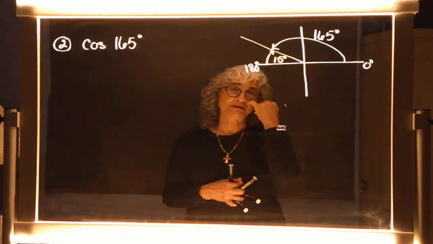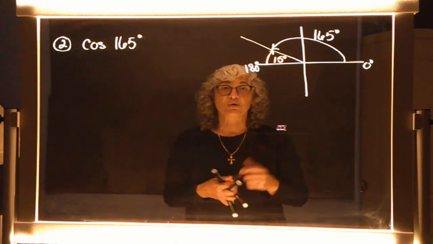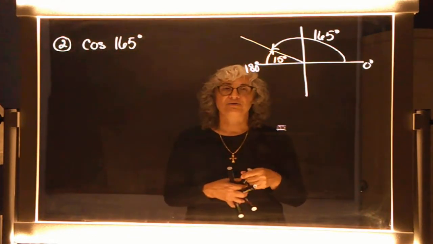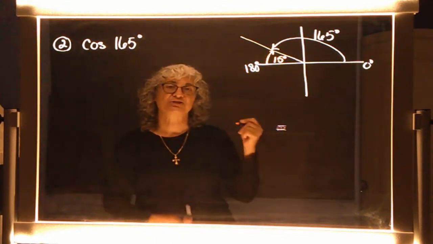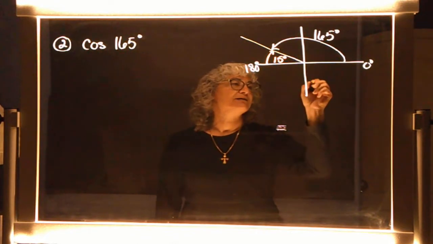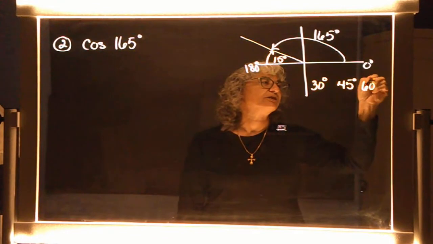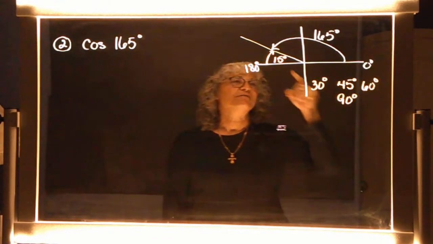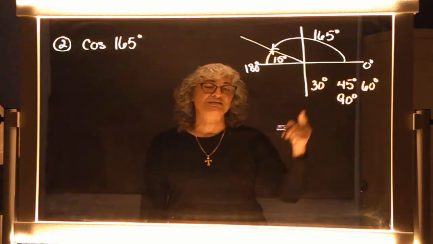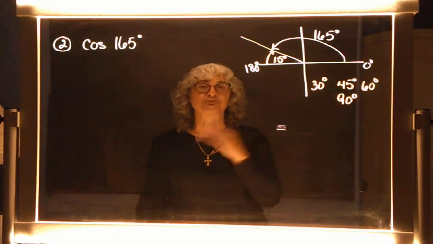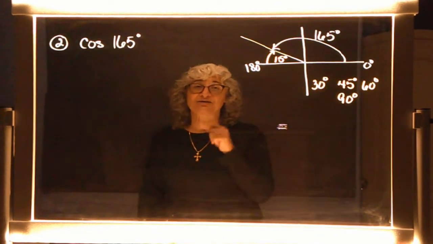Is 15 degrees one of our typical angle measurements for reference angles or for any angle? No, it's not. Remember, we spoke about radian measurement in the last problem, but in degree measurement, it's 30 degrees, 45 degrees, 60 degrees, and 90 degrees. 15 degrees is not one of our typical angle measurements for reference angles, for non-calculator use. Are you all with me? Okay, so hang in there. Okay, so I'm back.